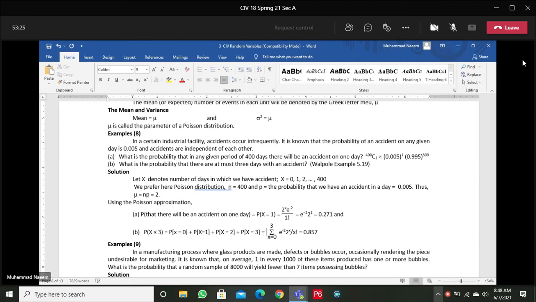This is required, or you can express this in summation form applying sigma. The same thing we have: we need the probability from 0 to 3. As the value of mu is already calculated, put the formula for all these probabilities.